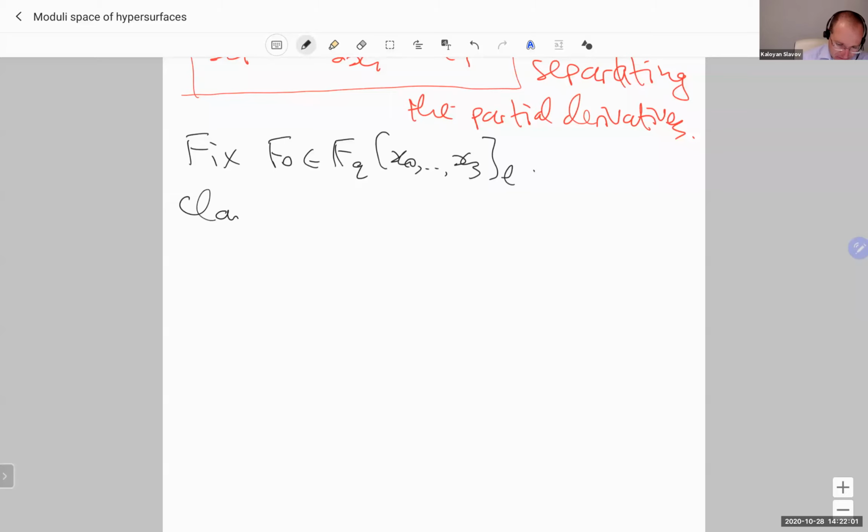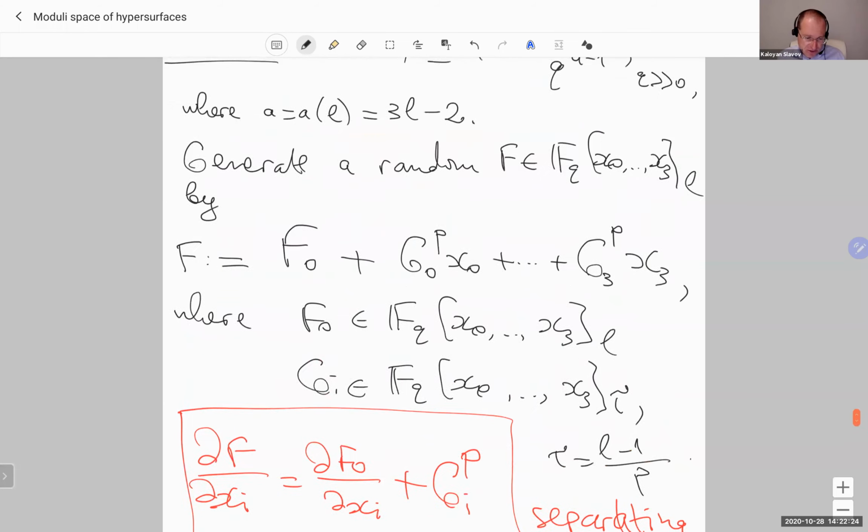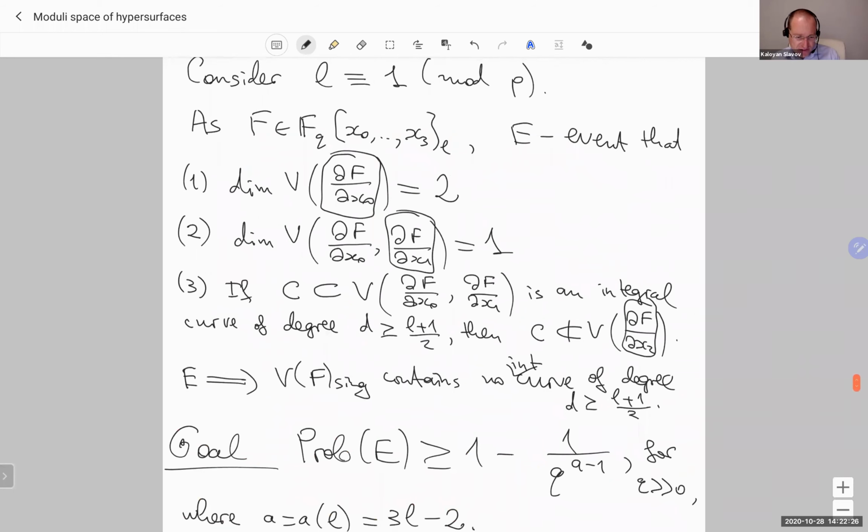Claim 1: as g0 is chosen uniformly at random in Fq, here of degree tau. Remember, when I look at g0, f0 is fixed already, and g0 will tell me df/dx0, the first partial, and the first partial is what's involved in condition number 1.